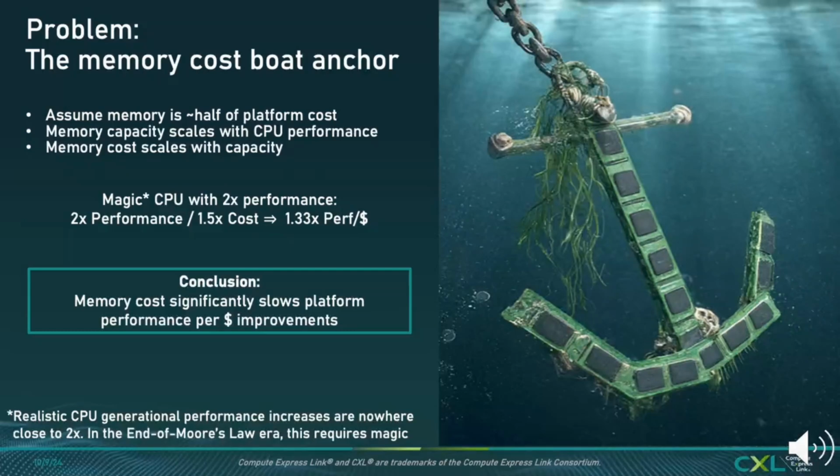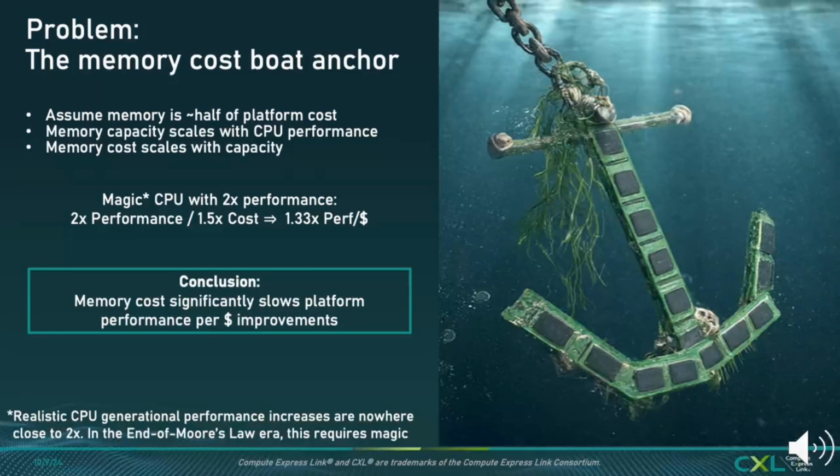Well, when we populate this new magic CPU with twice the performance, based off of the scaling we talked about above, we now need to populate twice as much memory, which means that the cost of the platform is 50% higher. So 2 times the performance with 50% more cost means that you've got 1/3 more performance per dollar.